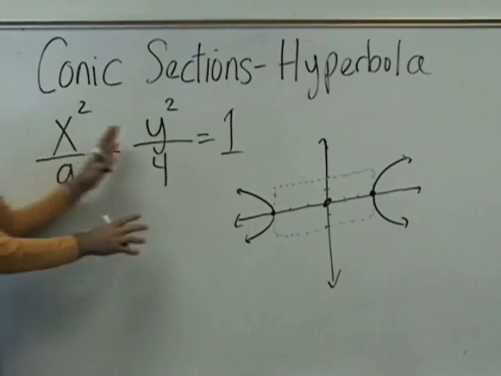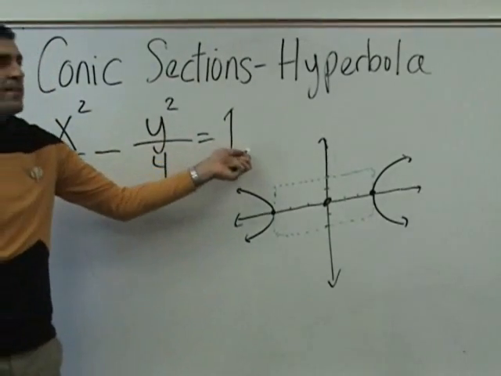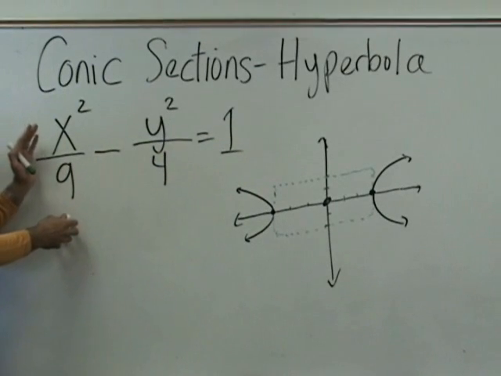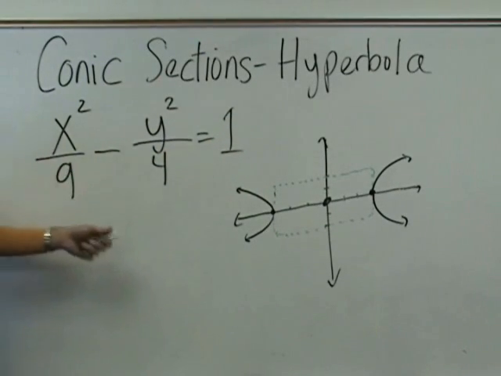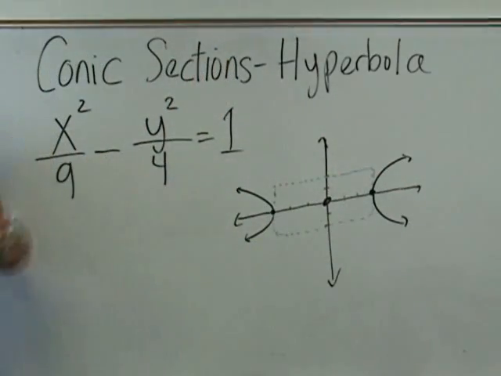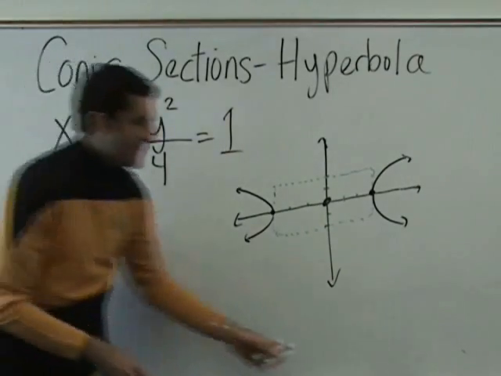This thing has to be more than the y squared because it results in a positive number. So, because this comes first, because it's bigger, our hyperbola will open left and right. If y came first, we would open up and down. That's the next problem we're going to do.